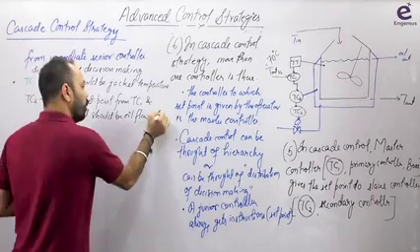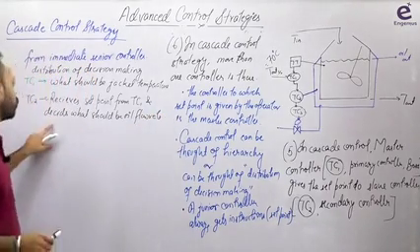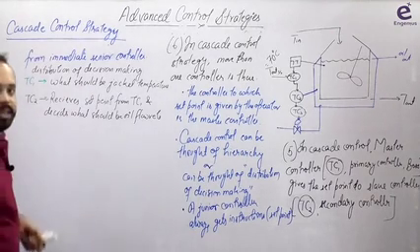Are you getting this? So what is the decision made by TC2 that what should be the flow rate, and then this instruction will be given to TC3.